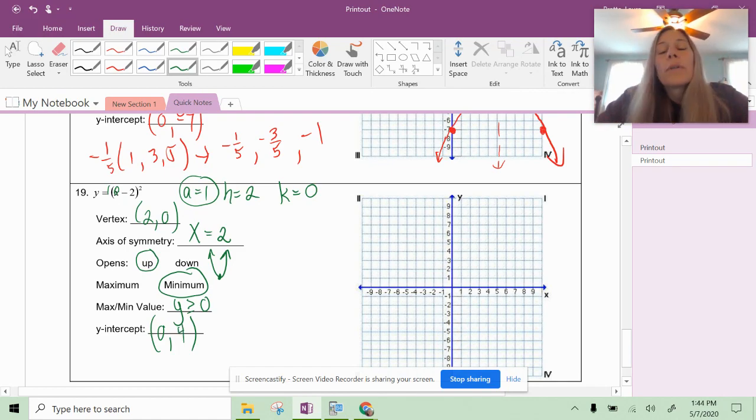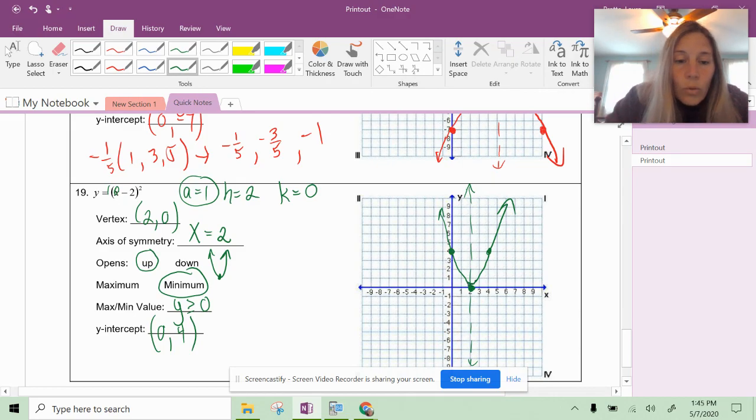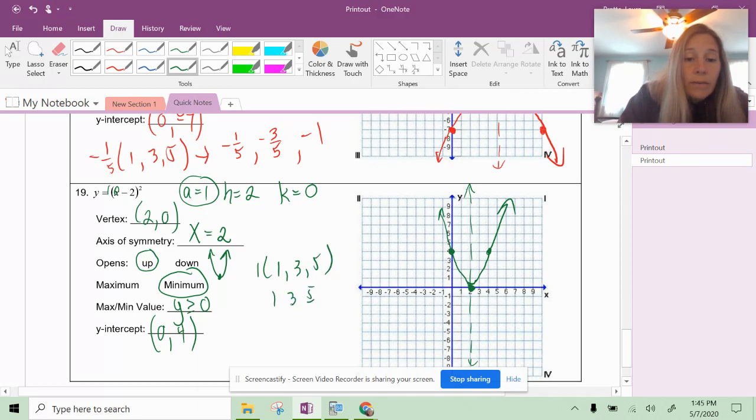So starting out this graph with the vertex of (2, 0), my axis of symmetry, and then you can either plot the (0, 4) and then just do the point on the other side of the axis of symmetry, so it looks like that. Or, sorry, it's a little crooked. Or if you wanted to do the graphing pattern, 1 times 1, 3, 5, you're just going to get 1, 3, and 5.